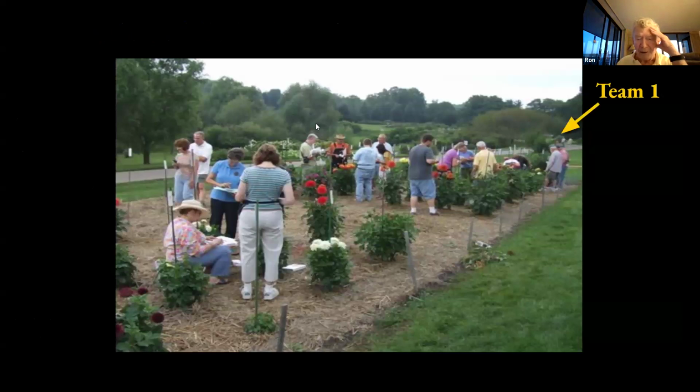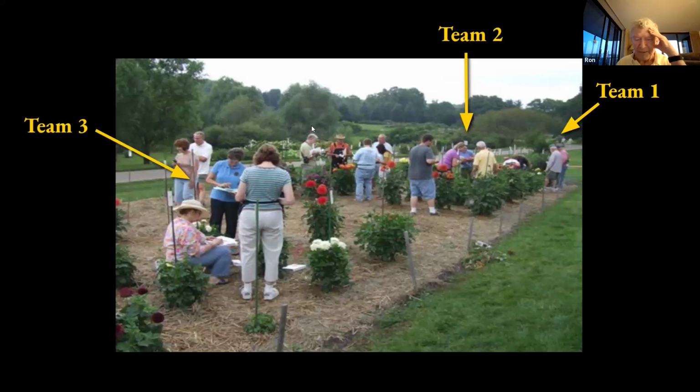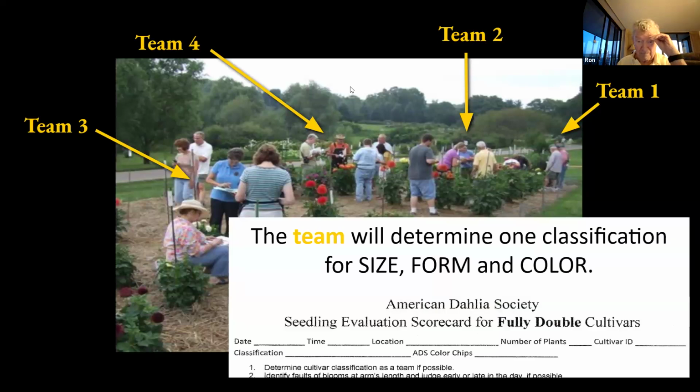Let's see. She's going to show you several judging teams judging. I have a feeling this is the North Central Trial Garden. One of the things I had to struggle with when I was the Trial Garden director was balancing the results of 5 different teams determining 5 different forms.